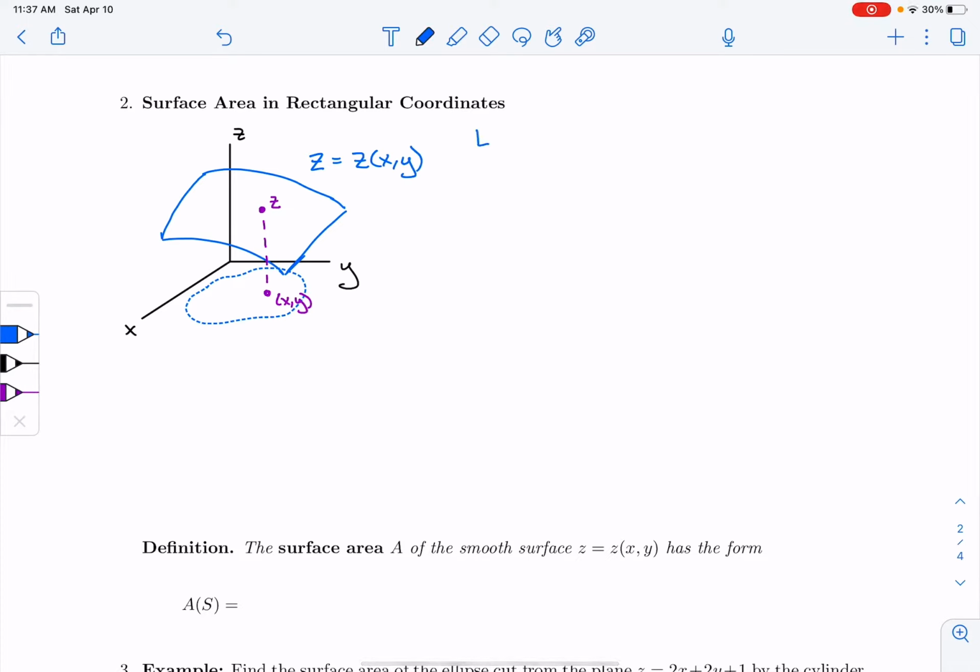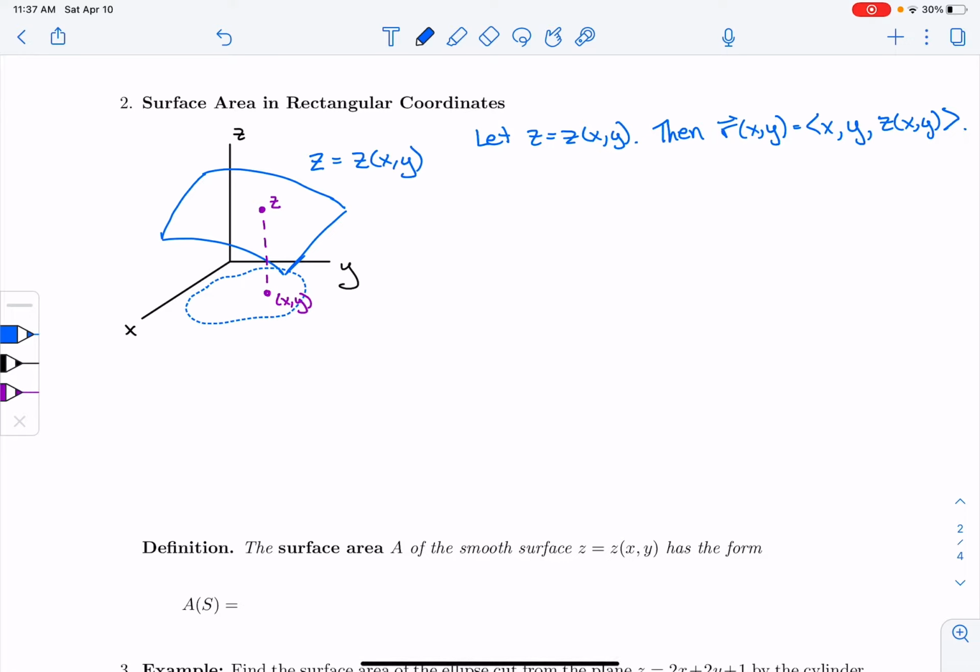If I let z be a function of x and y, the easiest way to parameterize the surface is to let r of x, y just be the x coordinate, the y coordinate, and then z of x, y.